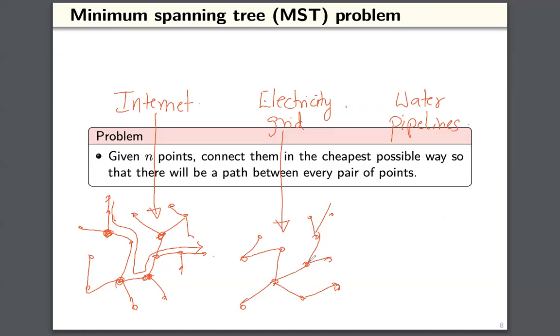Transformers which can regulate all this electricity and so on. Consider water pipelines. Same thing. You will have an MST, right? Like your electricity grid or internet. So this is a very important problem. MST is a very important problem. Right? Okay. And even the road networks, you can consider MST there. Right?